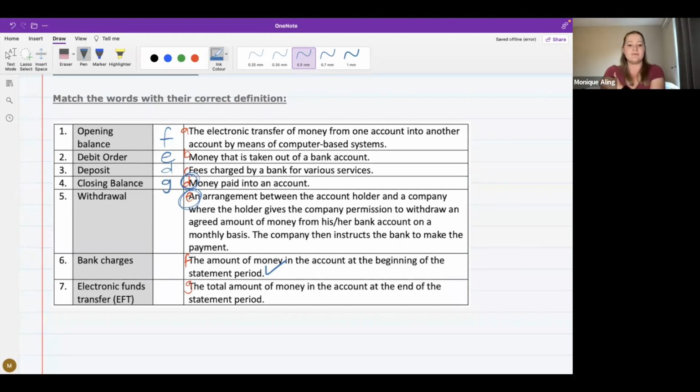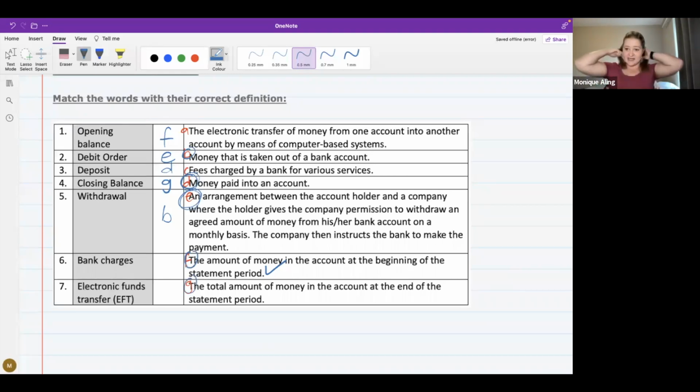G. Good. Then withdrawal. Withdrawal is A, B, C is what we have left. 5 is B. Good. Can see the majority of us got that right. Withdrawal is money that is taken out of the bank account.